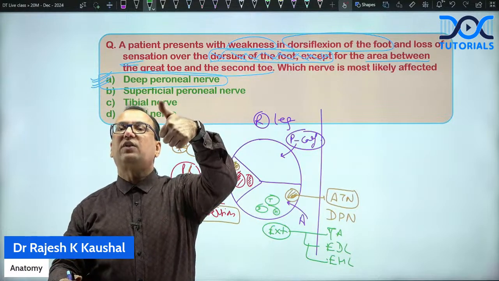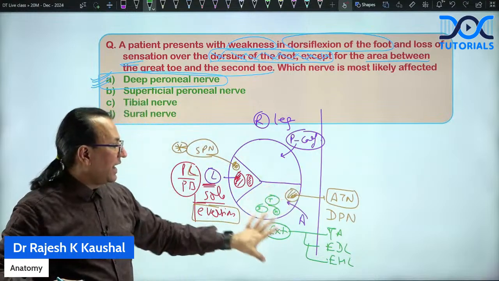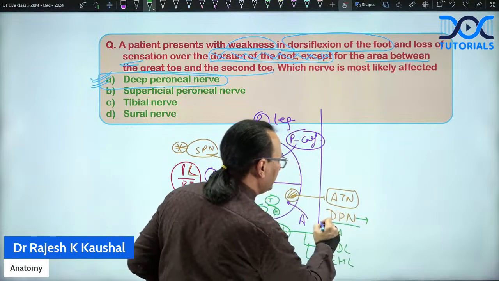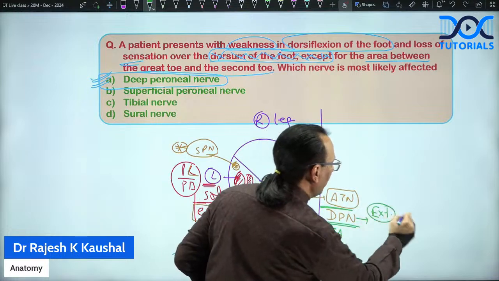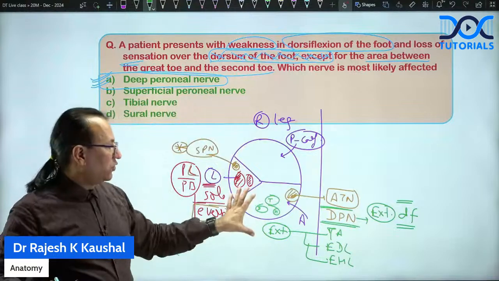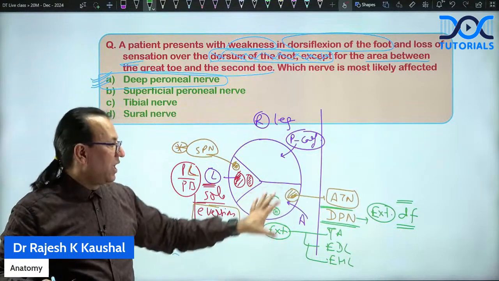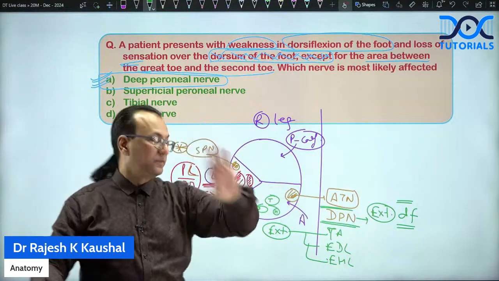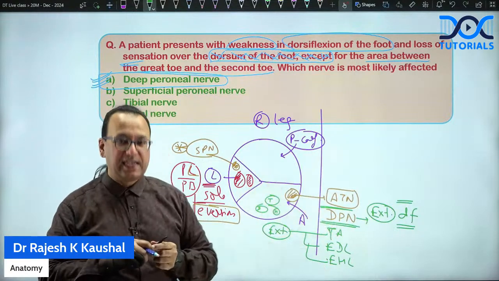Hallucis extends the great toe, and digitorum extends the other toes. This deep peroneal nerve is the nerve of extension, and extension means dorsiflexion. So the extensor Tom, Dick, and Harry are dorsiflexors at the ankle and the toes, and the root value, which you should remember, is L5.